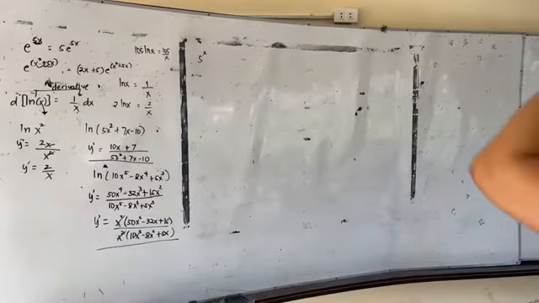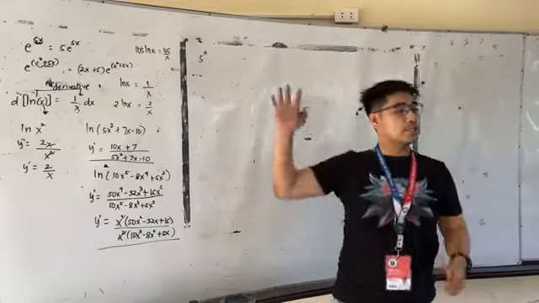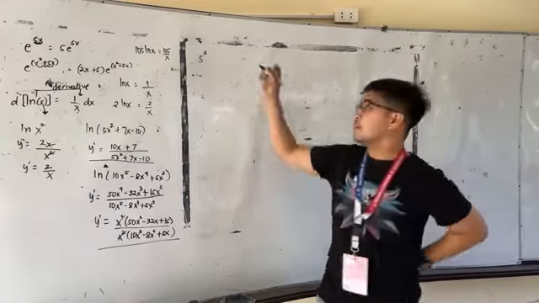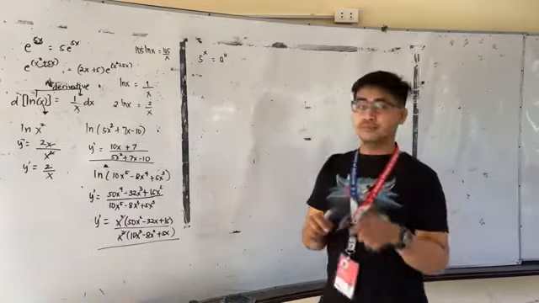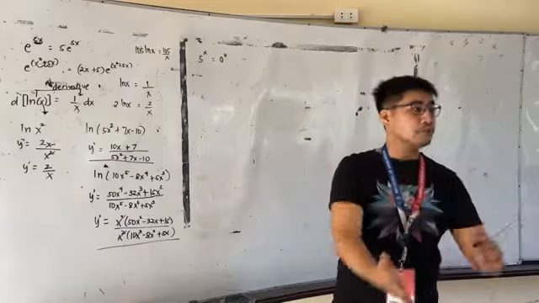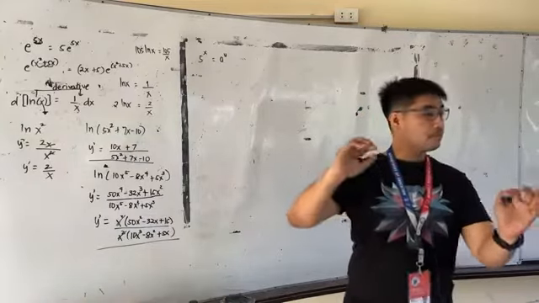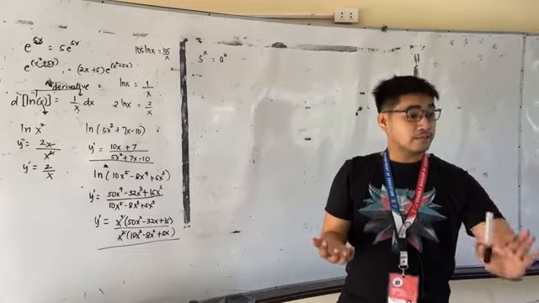So what if you're now given a constant raised to a variable, just like our example, 5 raised to x? Okay, so for here, let's say that this is a to the u. If you will be searching from your textbooks, from the internet, just type in derivative of a to the u or a to the x, and then you will now get the formula for that.